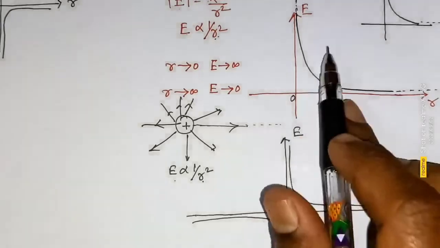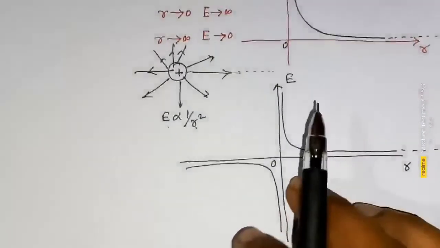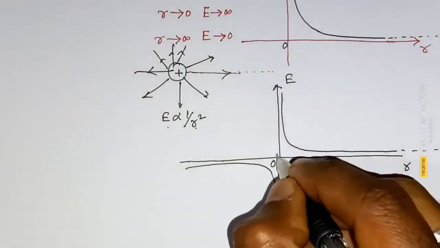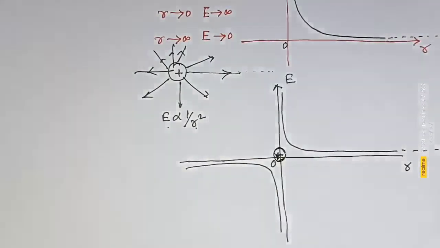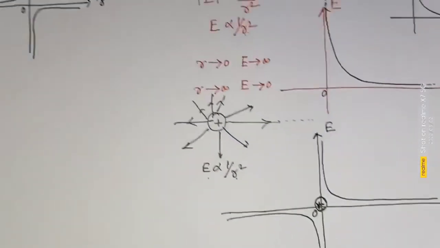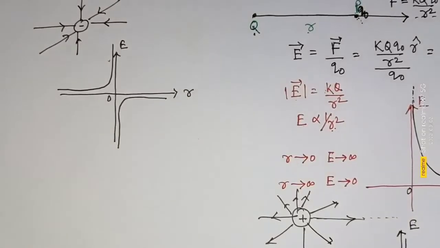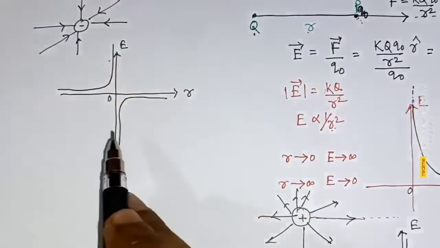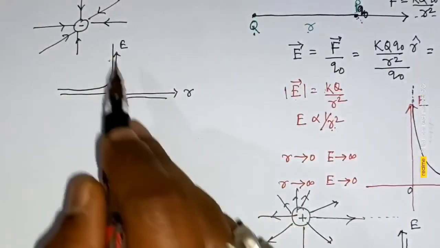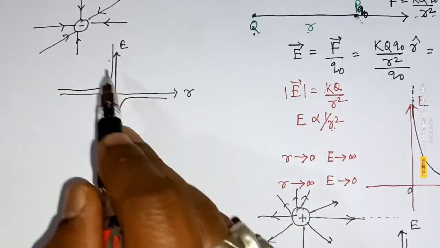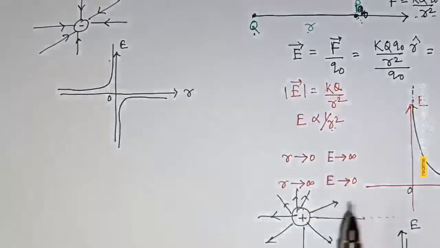So the similar pattern of this graph will become here for the positive charge. If I place here a positive charge, the graph will be like this. And already we said that for the negative charge, the field lines are radially inward, so the graph nature is exactly the mirror image of that of the positive charge.